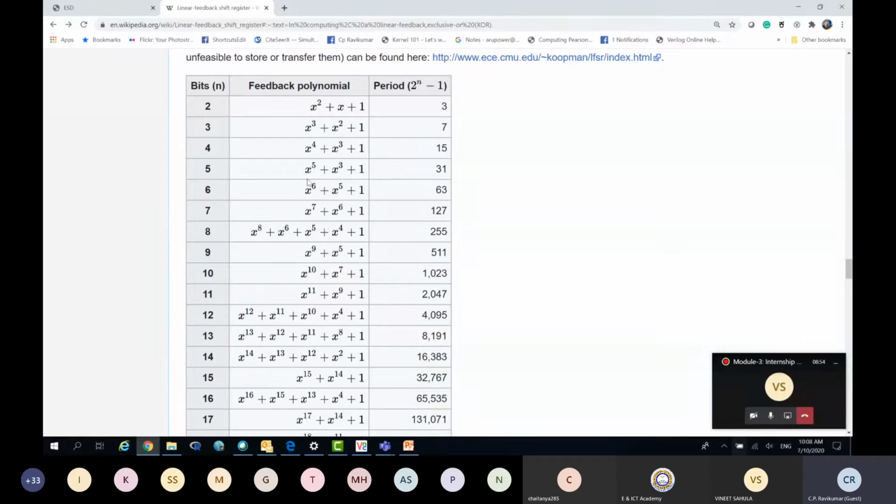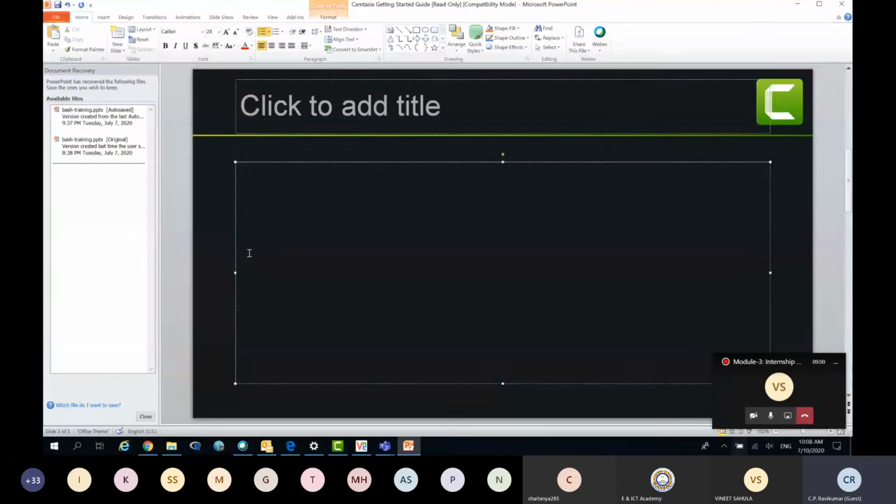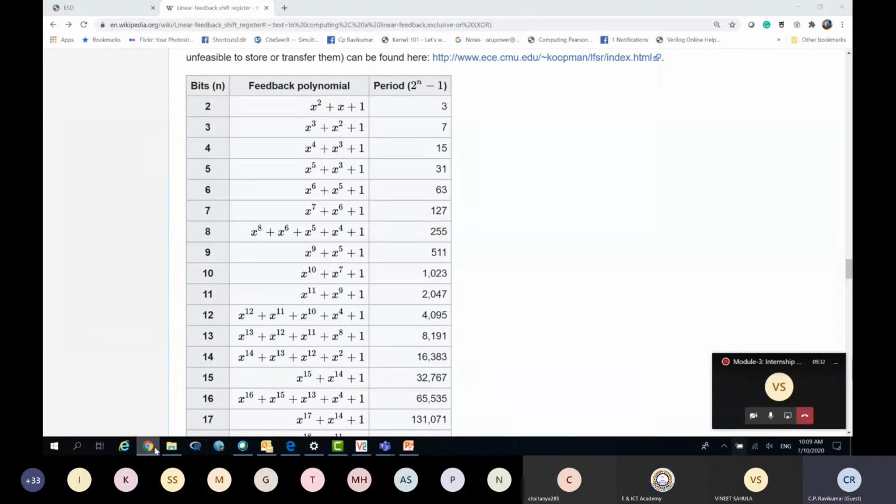Let us take maybe this one. 1 plus x power 5 plus x power 6. So let me start with a simpler one first, and then I'll come back to this. Let us do 1 plus x square plus x cube.